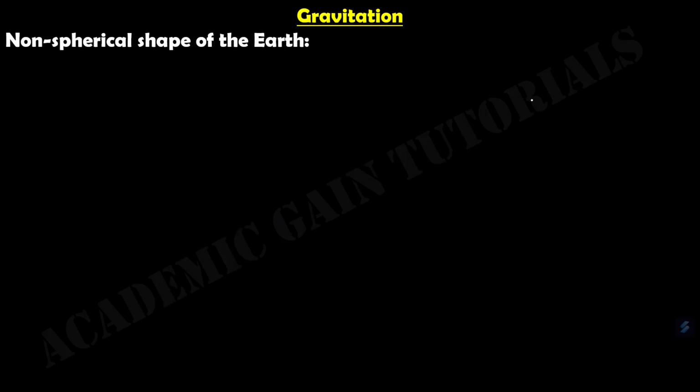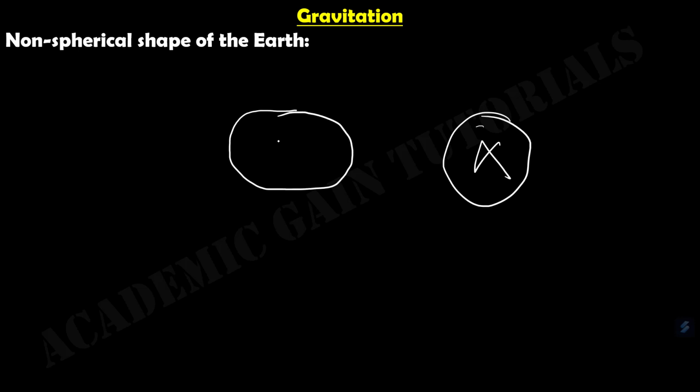Now our second one is the non-spherical shape of the earth. We know the shape of the earth is not exactly spherical, it is something like this. The polar regions, these regions, are a bit flattened.